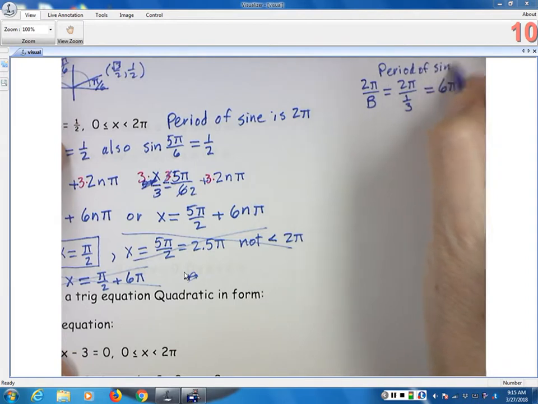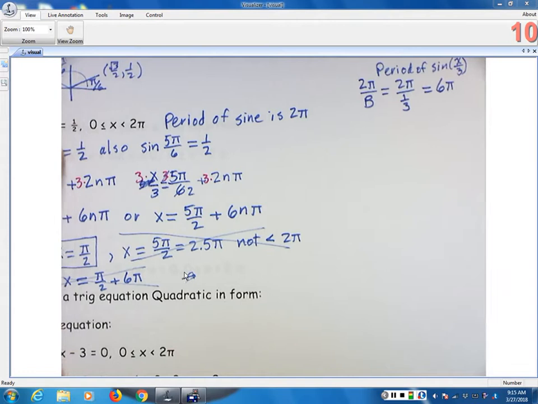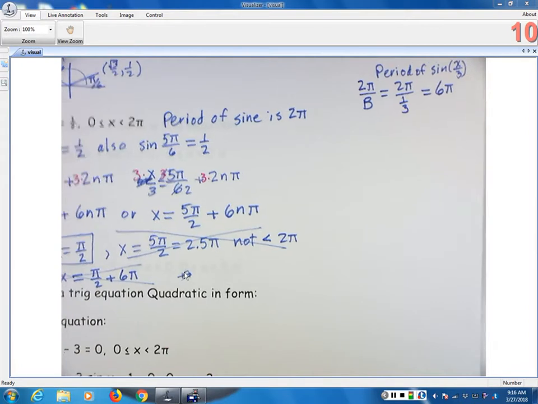You don't have to do this part for the test, but it explains why it worked this way. The period's huge, so there's not going to be many answers for this.